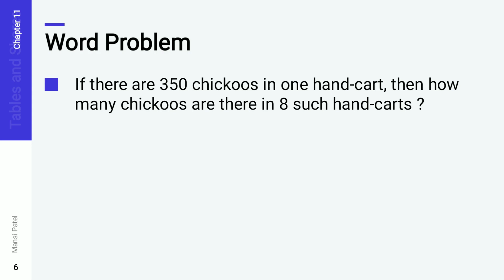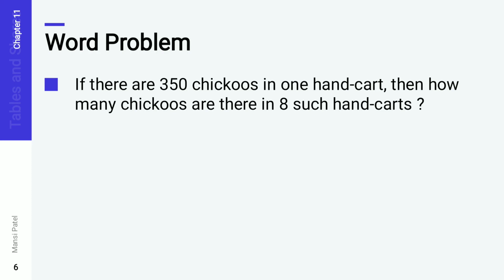So you have to find out how many chikkus are there in 8 such hand carts. So from one thing you have to find the number of chikkus in many things.